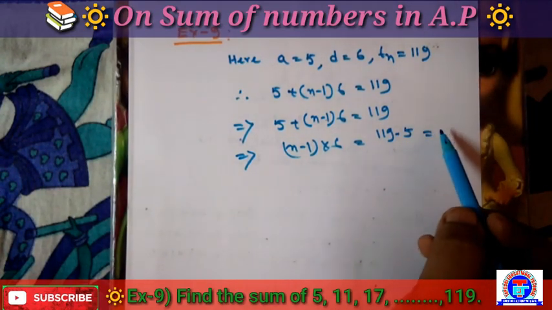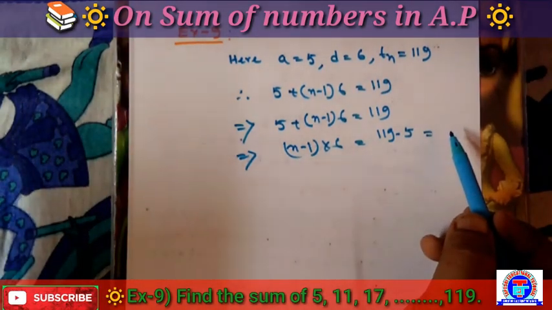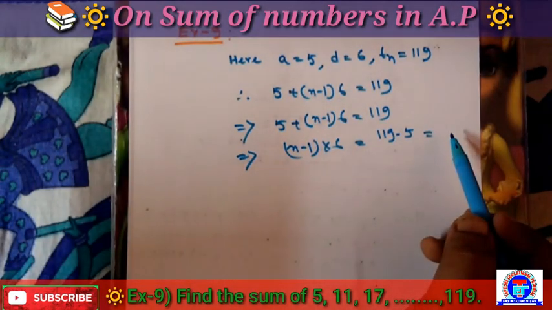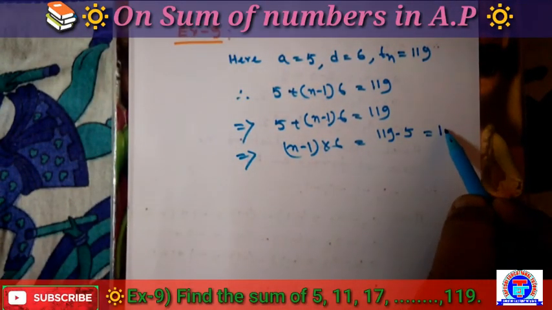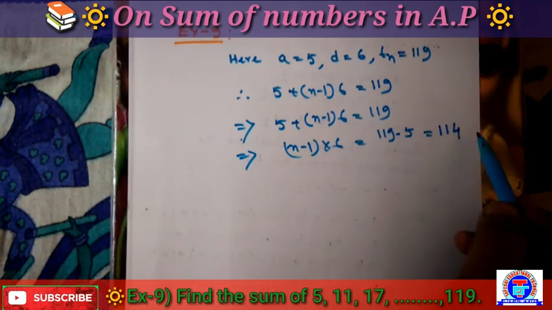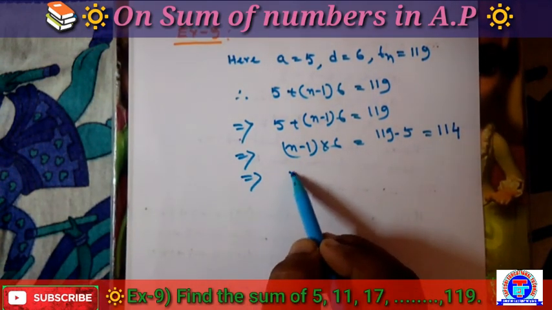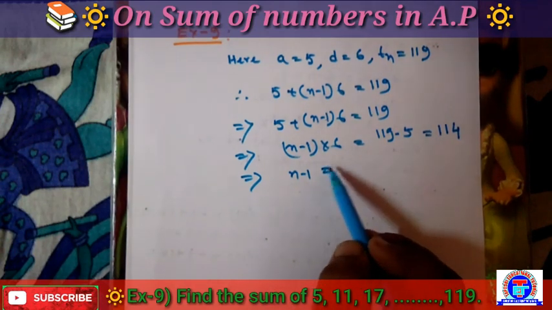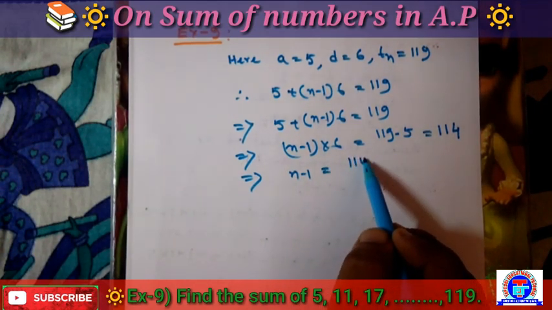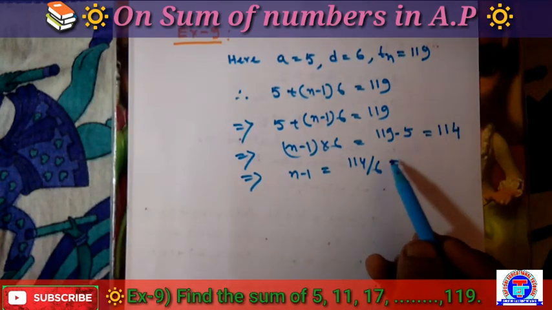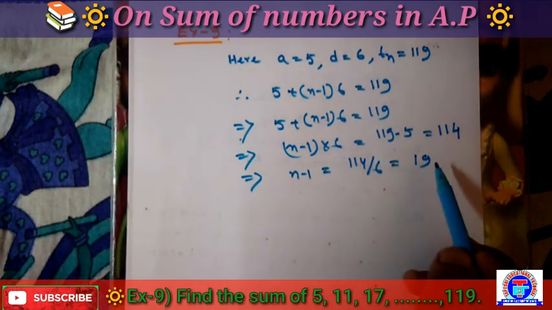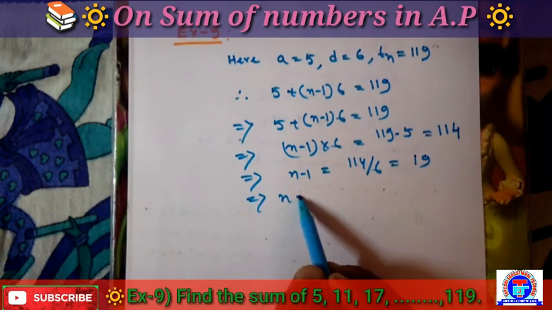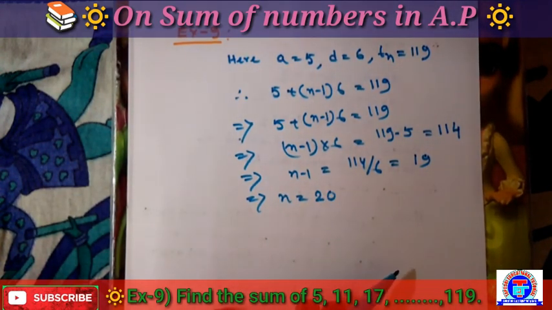That means this became 114. Implies that n minus 1 is equal to 114 divided by 6, that is 19. Implies that n is equal to 20, right?